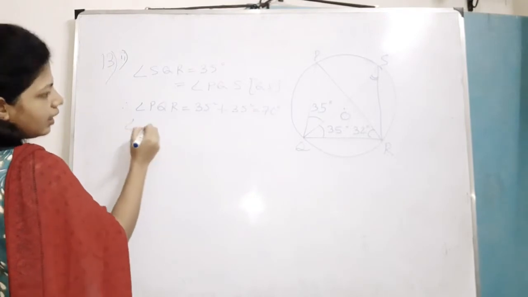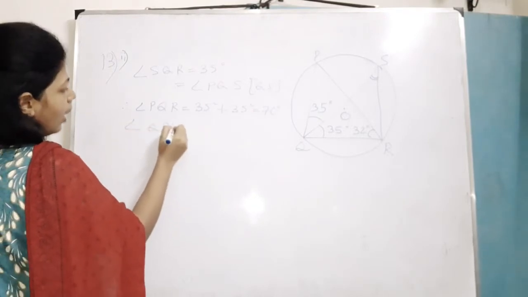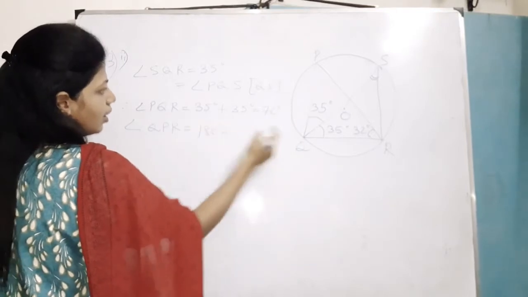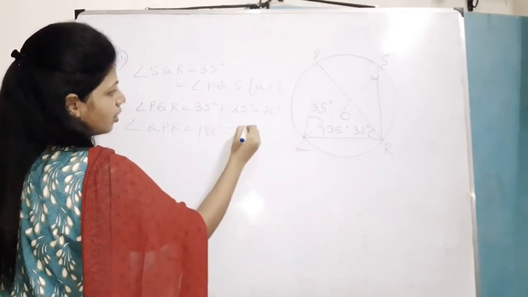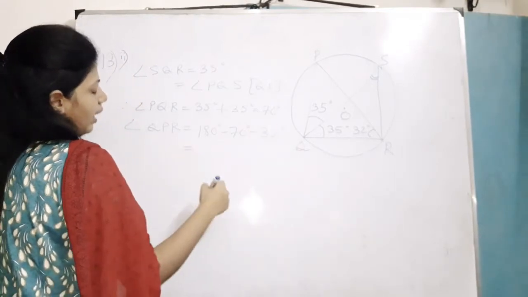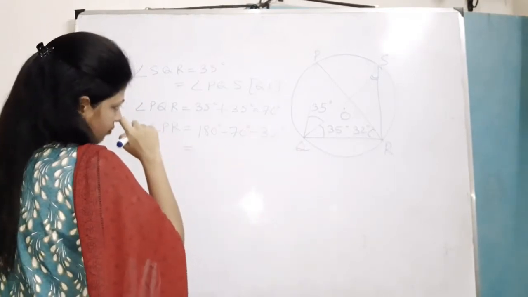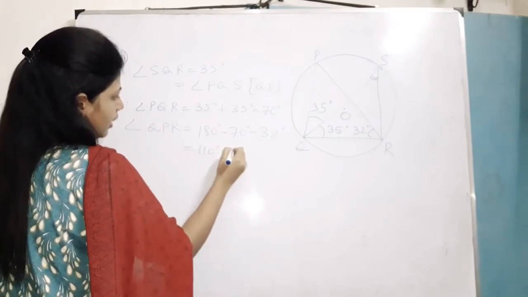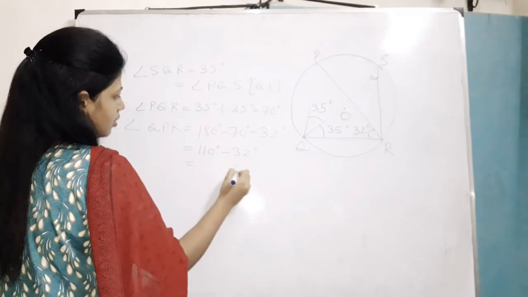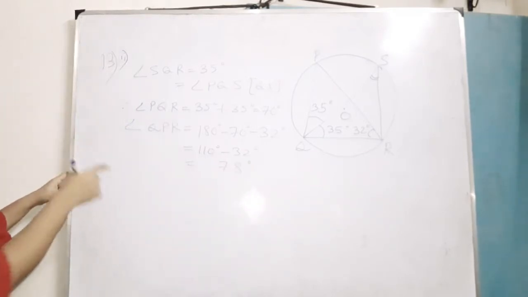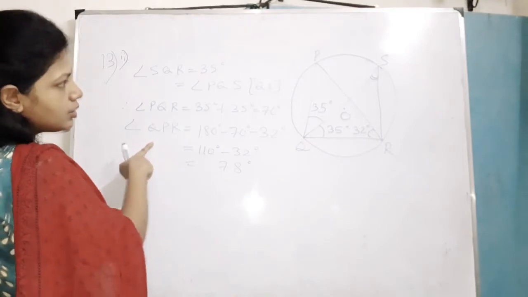So angle QPR equals 180 degrees minus 70 minus 32 degrees, and this will be 110 minus 32, that means 78 degrees. Now angle QPR equals 78.